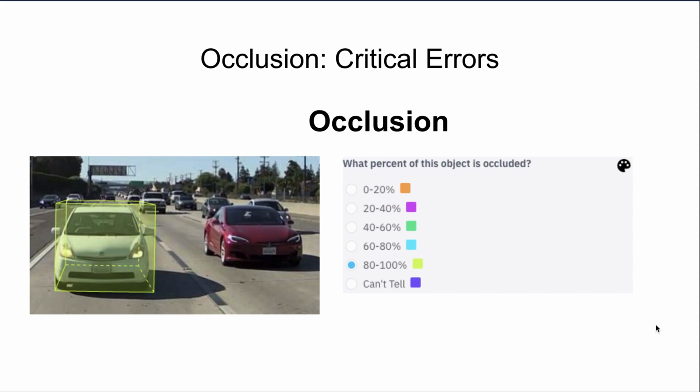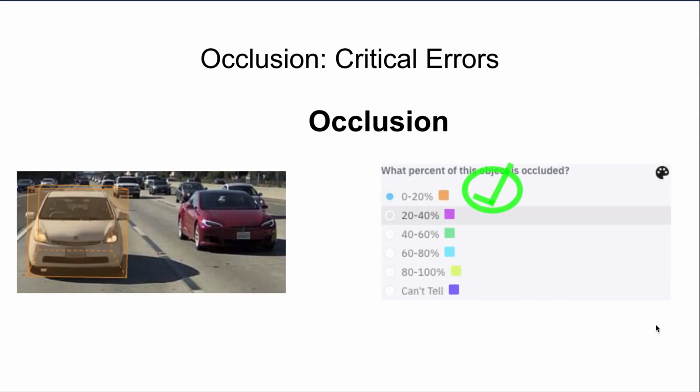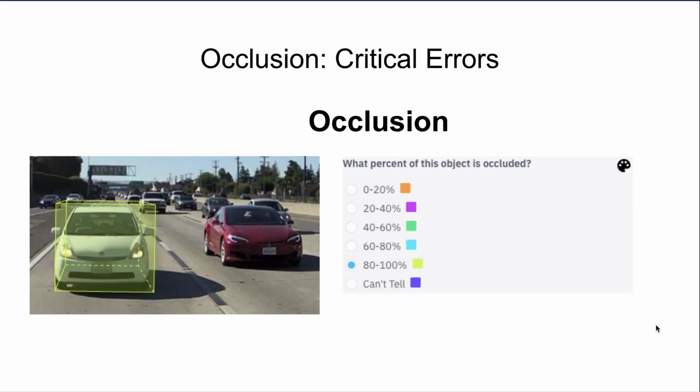That's the complete opposite: we would choose 80 to 100% when a car is completely occluded. So the correct choice would actually be 0 to 20%. Making this kind of choice is a critical mistake.